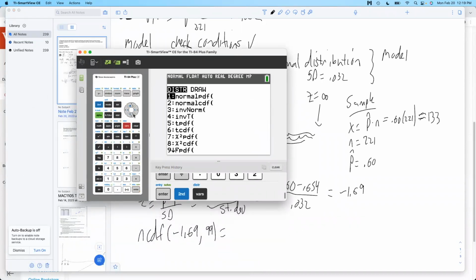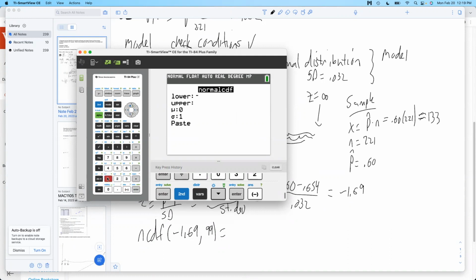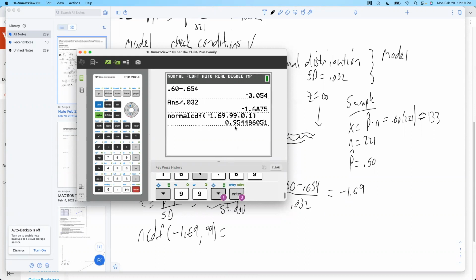Second distribution, number 2, -1.69 up to 99. Leave these two alone because we're using z-scores here. 95.4%.